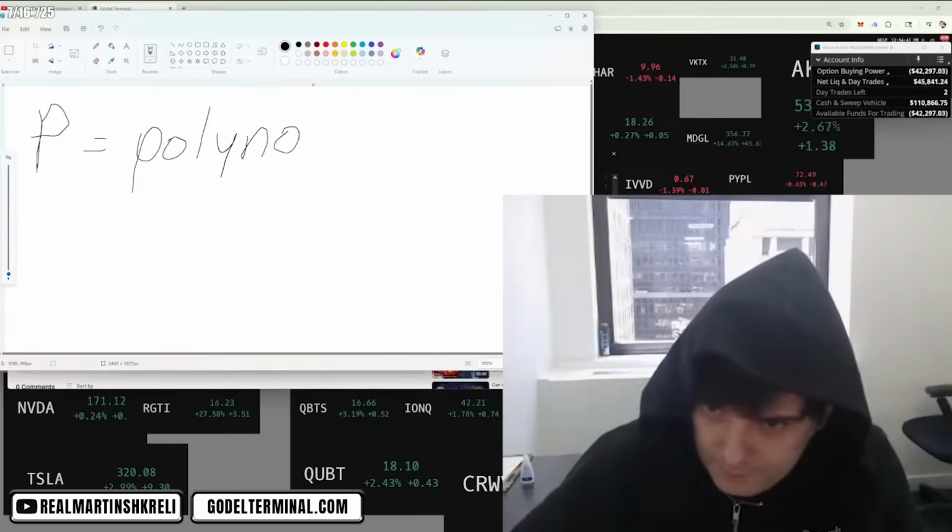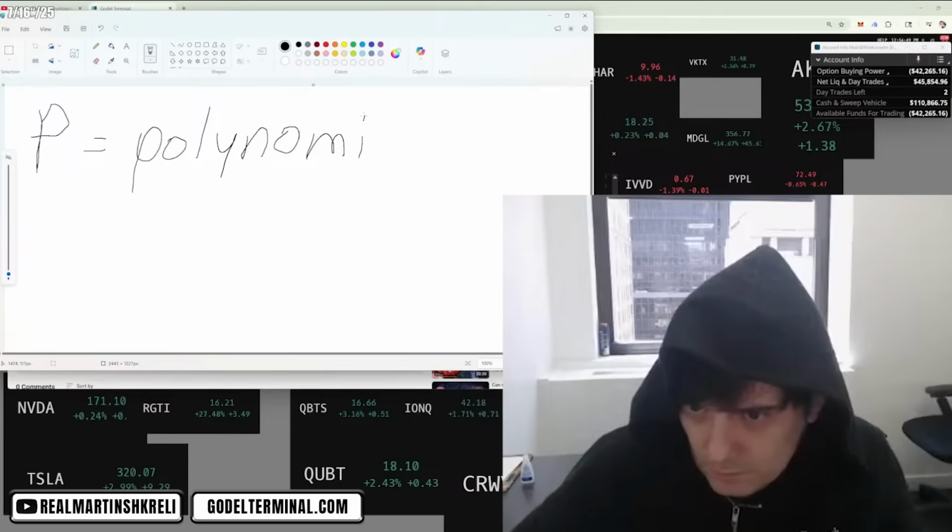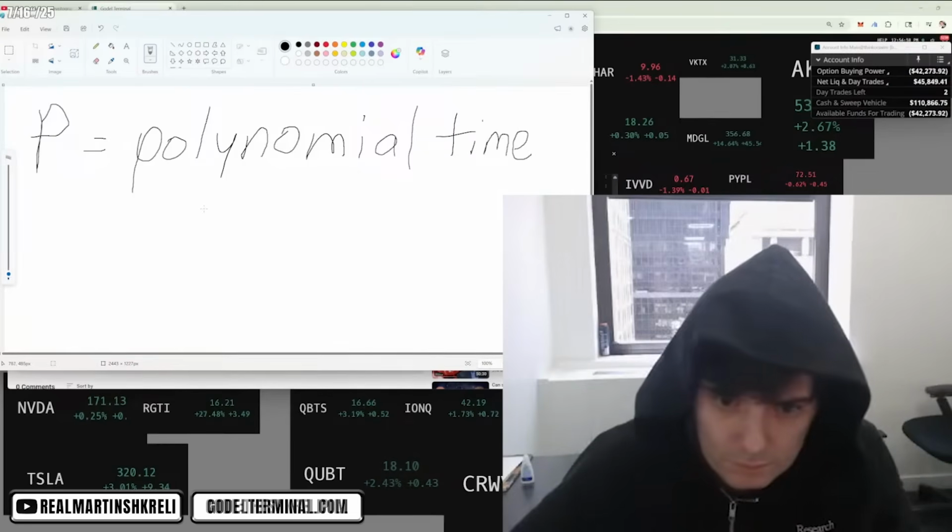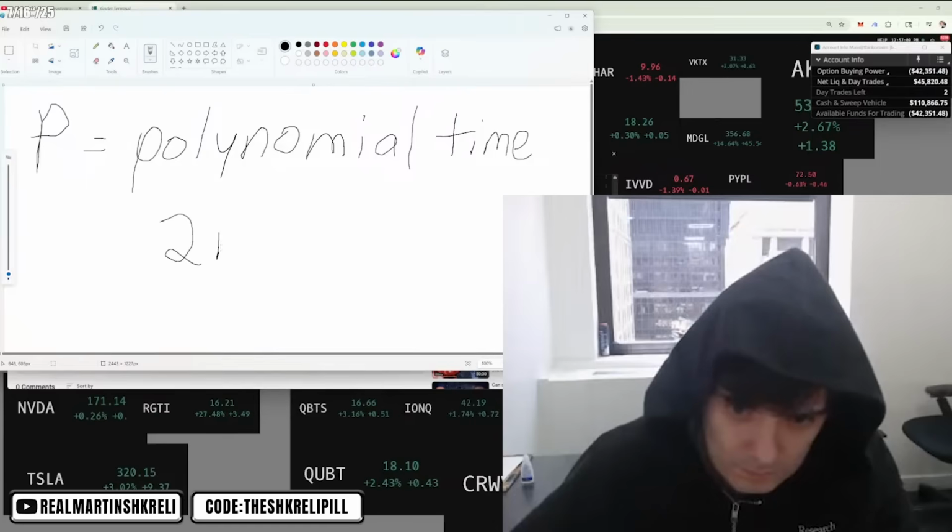And what polynomial time means is using a number of steps that increases only like the size of the input, the number of bits in the input, raised to some fixed power.